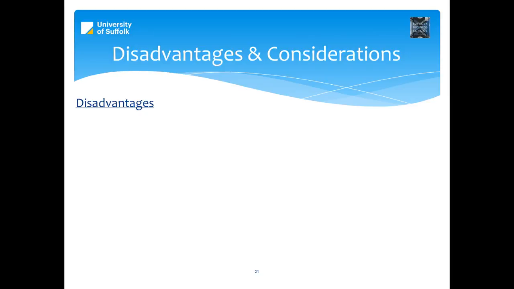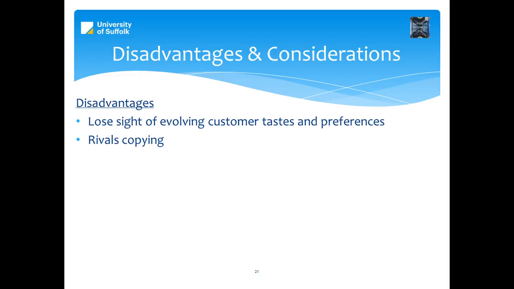If we think about some of the disadvantages and the other things to consider, I think one of the disadvantages is while we're focusing on price, we can lose sight of the evolving customers' tastes and preferences. People's opinions, people's changes, what they want is changing all the time. I think the other reason is that some companies can try and copy the process, which saves you money.